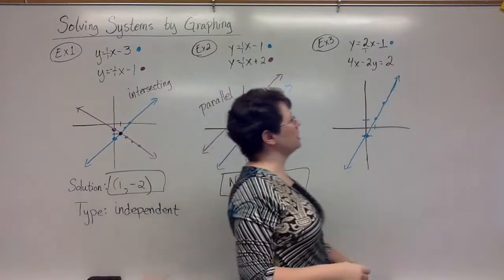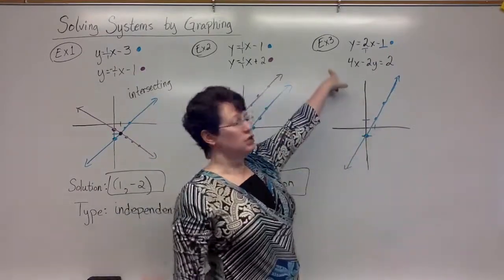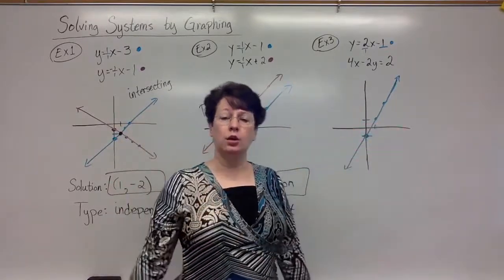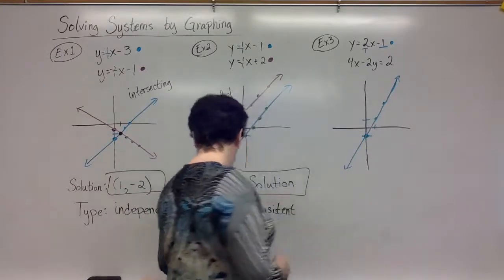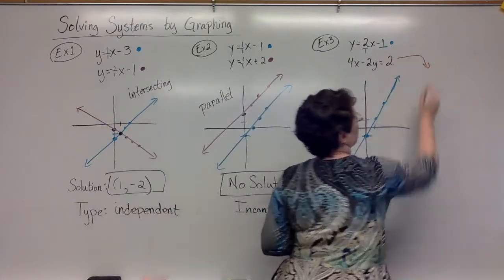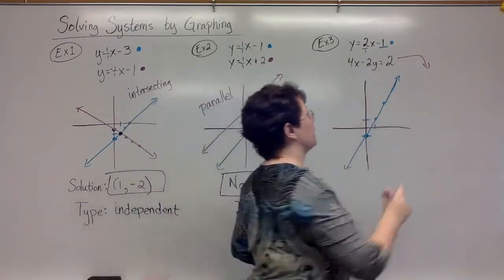Okay, so now we gotta look at the second line. Here's the problem. That second equation, is it in y equals? Does it say y equals blah? No. So I have to get it in y equals, okay? So we're going to come over here, off to the side, and we're going to have to solve that for y equals. The first thing you have to do is move the x.